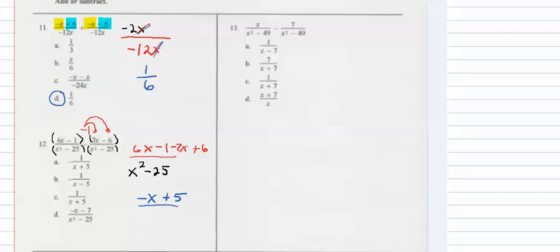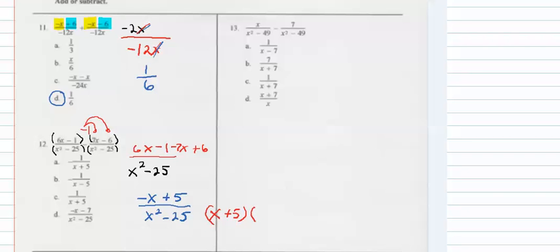And at the bottom I have the x squared minus 25. And I look to see if there's an answer choice here. Okay, and there's not. So therefore, I've got to look and say, all right, at the bottom, can I make this a special case? Can I make this x plus 5?